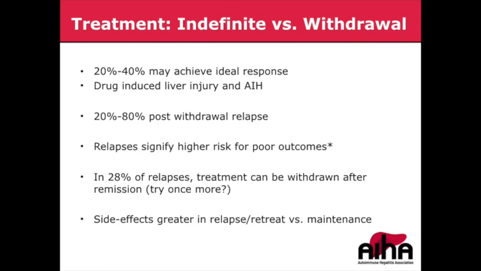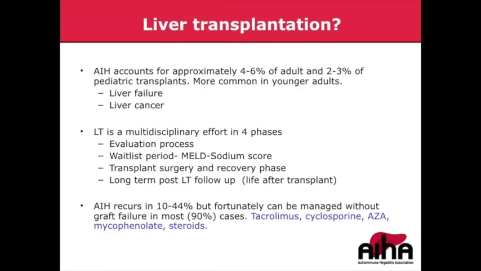Another issue to customize. Transplant. AIH accounts for probably less than 5% of adult transplants, 2 to 3% of pediatric transplants. It's usually performed for individuals that have developed cirrhosis and have liver failure as a result, liver cancer, or acute liver failure. In transplant, it's multidisciplinary.